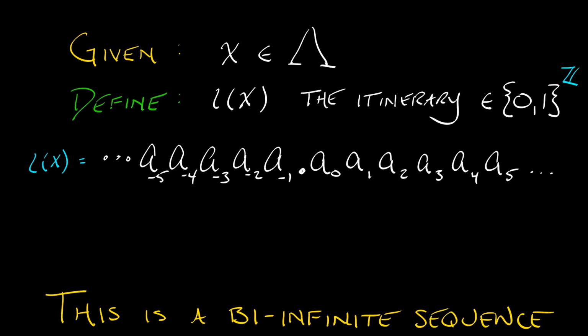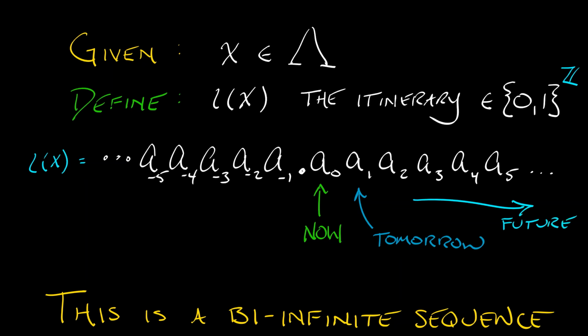Now, the way that this is going to work is this is going to tell you, again, with all the symbolics we've ever done, roughly where you're at in the 0 zone or the 1 zone. And that first digit after the decimal point, a0, that's going to tell you where you are now. a1 is going to tell you where you're going to be tomorrow after one application of the horseshoe map. Keep going, keep going.